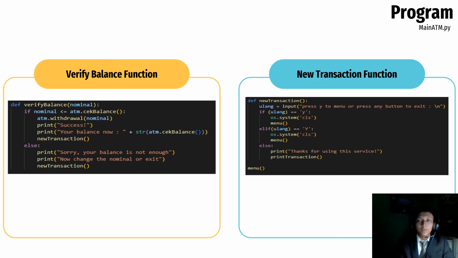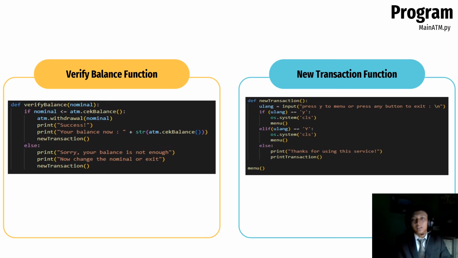Then the program will call the new transaction function. But if the nominal variable is more than the check balance variable in the customer class, the program will show a message: sorry, your balance is not enough. Now change the nominal or exit. Then the program will call the new transaction function.